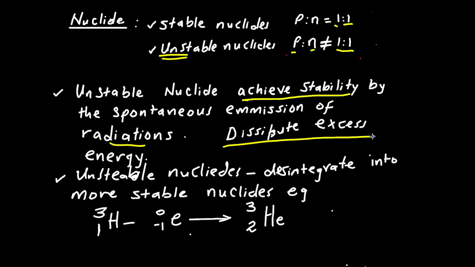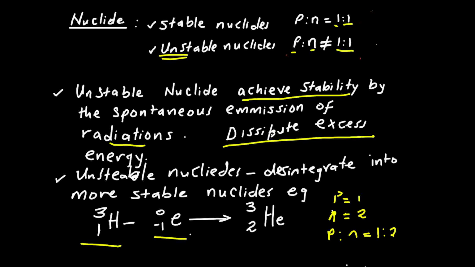An example is the heavy hydrogen, with a mass of 3 and the number of protons as 1, meaning the number of neutrons is 2. And therefore the ratio of P to N equals 1:2, and therefore this nuclide is unstable. In its disintegration process to attain stability, it loses a particle, an electron.